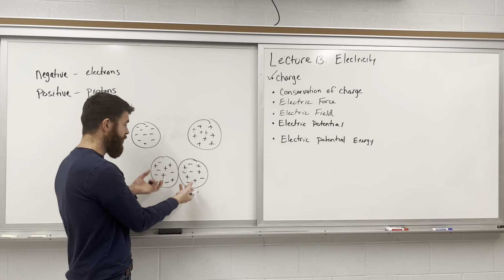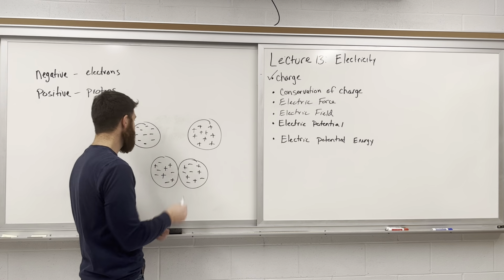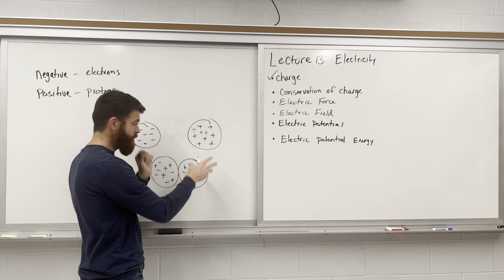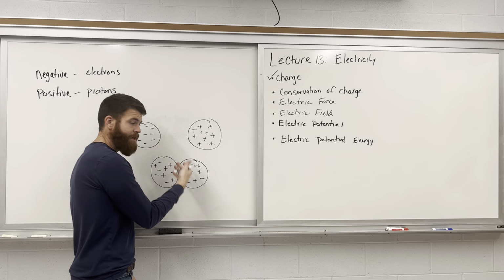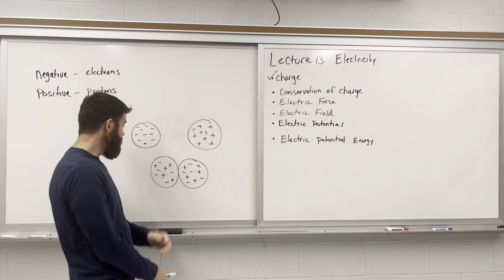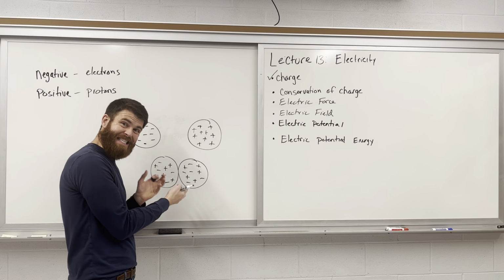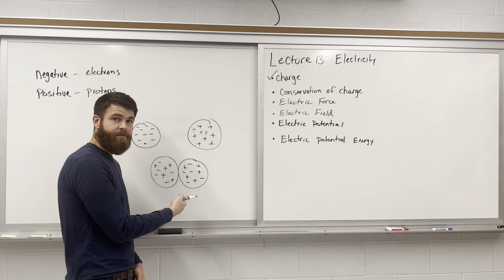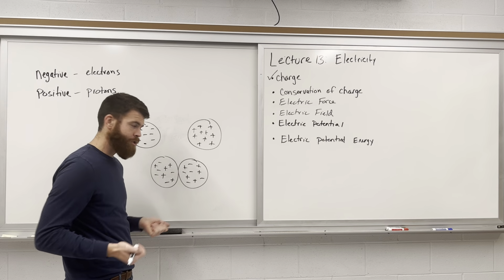So they would become neutral, so they kind of had this negating effect. So instead of net negative charge and net positive charge, the same amount of charge, we put them together and the net charge is now 0. They cancel each other out. But still, the total amount of charge is still there. It's just that there's an equal amount of negative charge and positive charge present, so it's neutrally charged.